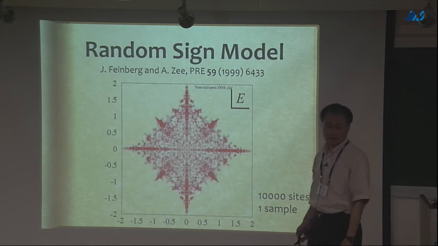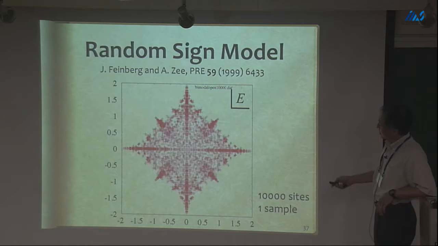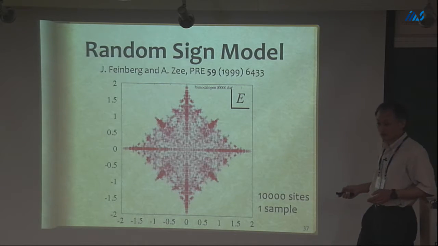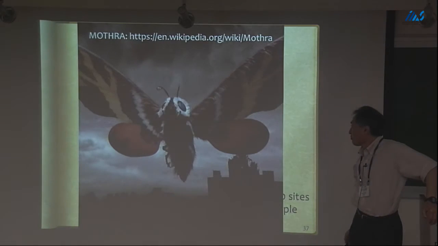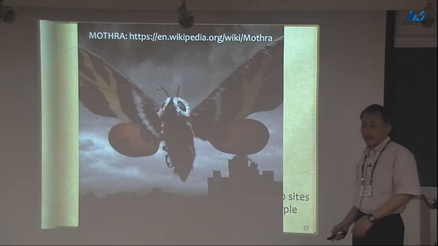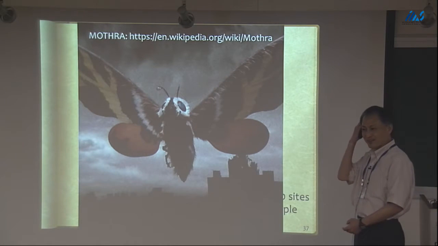But other than that, it has a beautiful feature of a seemingly fractal spectrum. When I discovered this with David Nelson and Ariel Amir during my collaboration, we called it Mothra. And I understand that nobody outside Japan knows this.